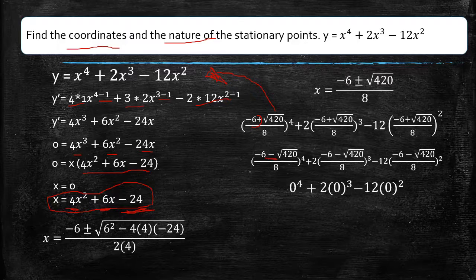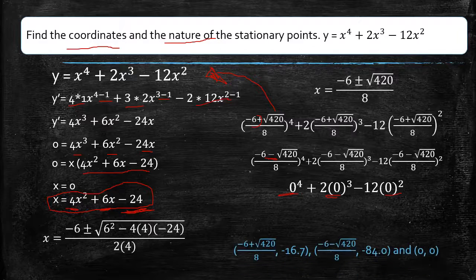And then finally, I also did it for 0. I substituted 0 for x. And once you do the math and you simply solve the equation, you'll find that these are your y coordinates. So these are your stationary points. -6 plus the square root of 420/8, and then the y coordinate is -16.7.